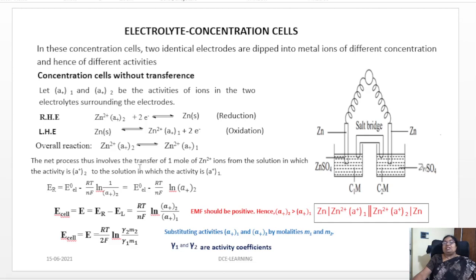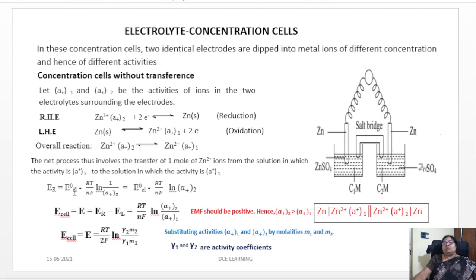The net process, that is the overall reaction, involves the transfer of 1 mole of metal ion from the solution in which the activity is A2 to the solution in which the activity is A1. Then what is the EMF of the right hand side cell here?